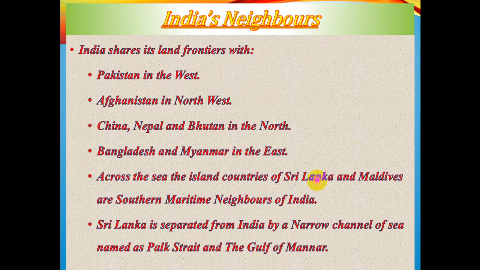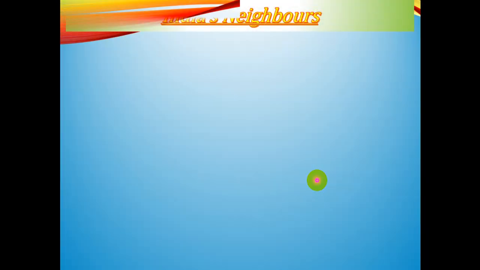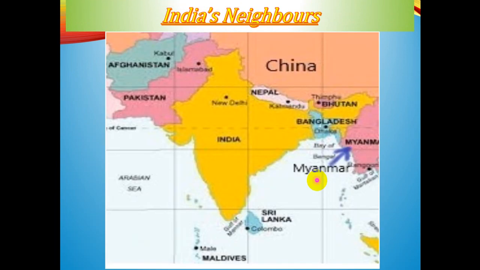I'm proceeding with the map itself first, India's neighbors, without going to the writing part. You can see from the northwest we have Pakistan, and a bit of the Afghanistan region.